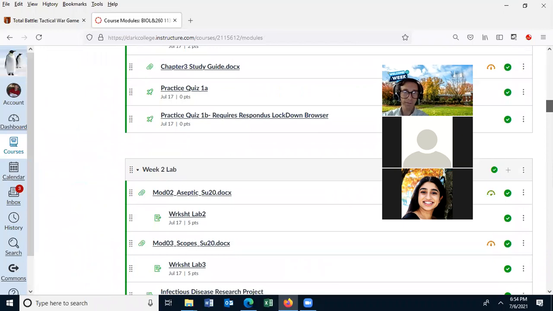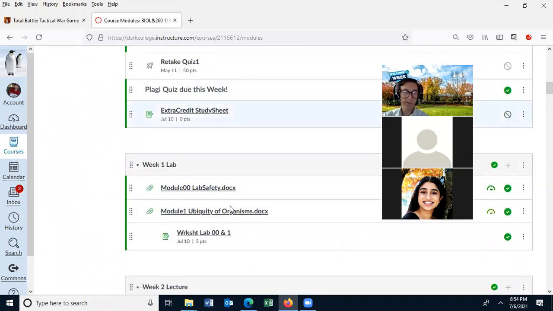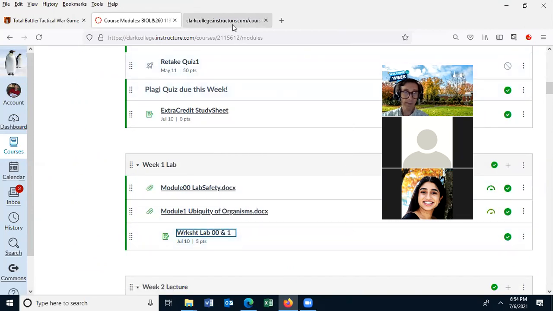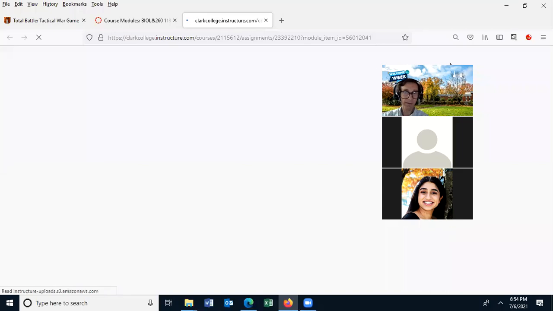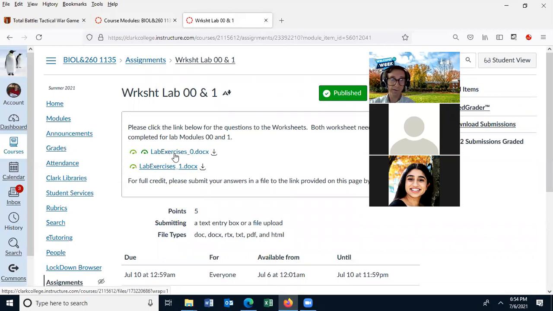There's the lab. Where's the lab? There it is. So this is the lab module 00, lab safety. And you have a worksheet for lab 00. And let me go to that worksheet. And there's the worksheet. So download the worksheet, answer the questions on the worksheet, and only upload the worksheet.